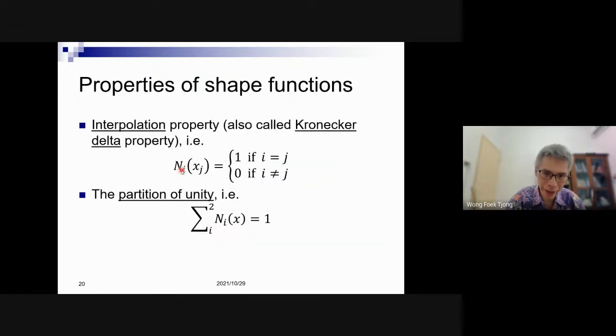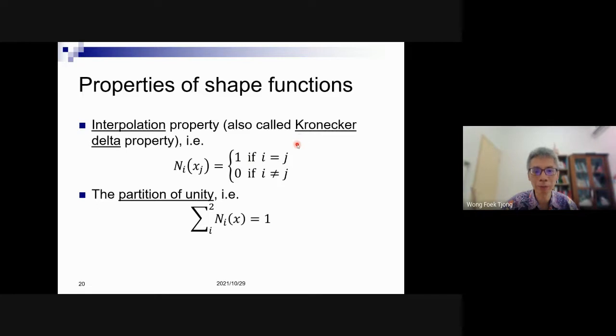It means N1 is 1 at x1, but at x2 it is 0. So this property is called the interpolation property, also called Kronecker delta. This is taken from the name of a person, Kronecker. Germany, I think. Okay, I forgot, but I think Germany. You can search in Google, right?